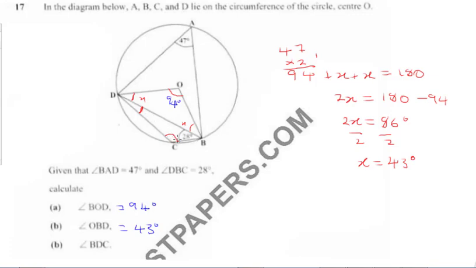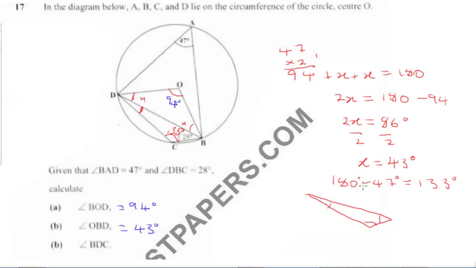So let's start with finding this angle. It is an angle in a cyclic quadrilateral opposite the 47 degree angle. So 180 minus 47 degrees should give us the angle at the bottom there. 180 minus 47 gives us 133 degrees. Now we've got a triangle, with 133 degrees there and 28 degrees there.